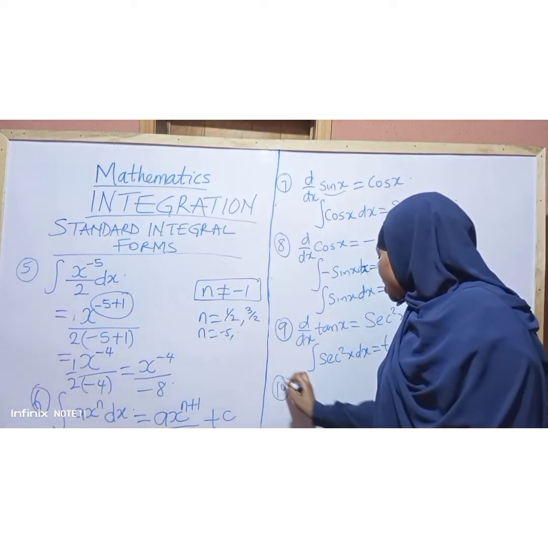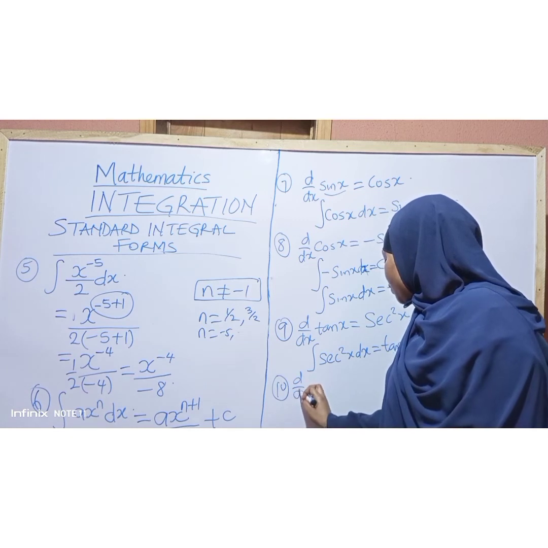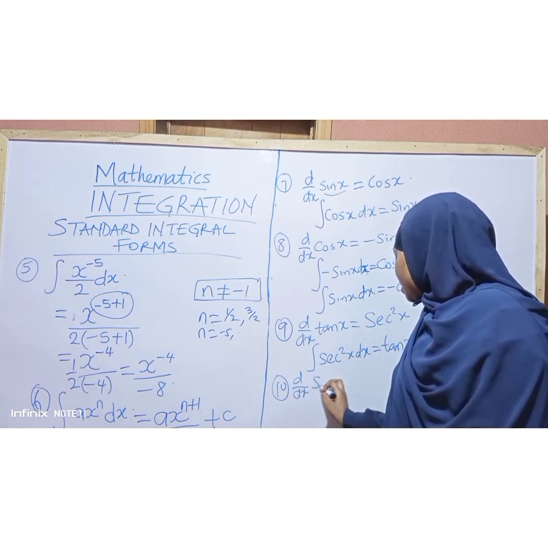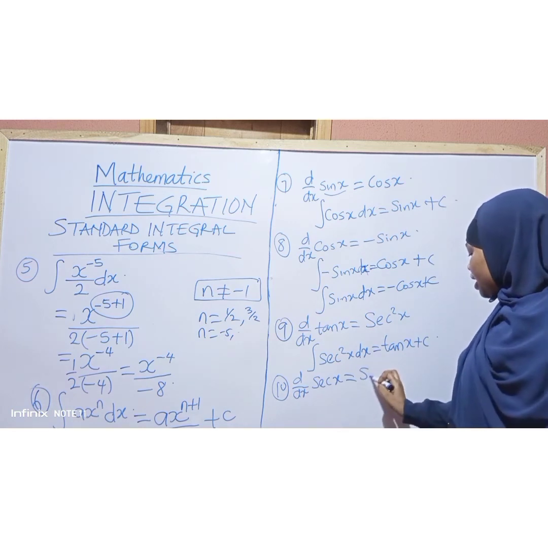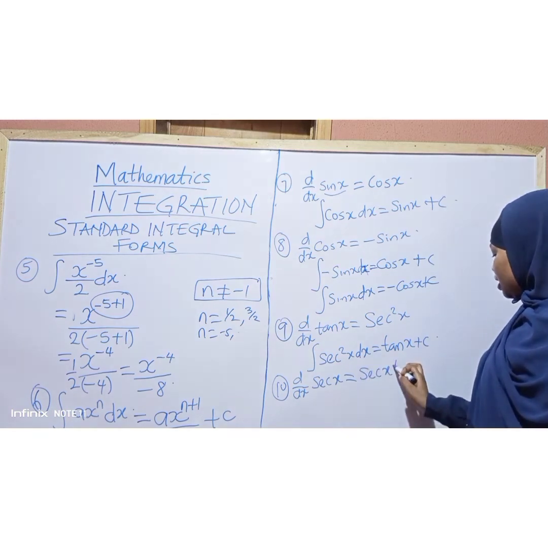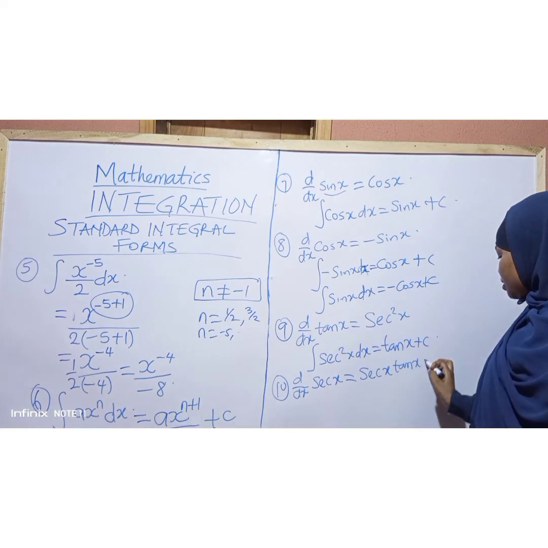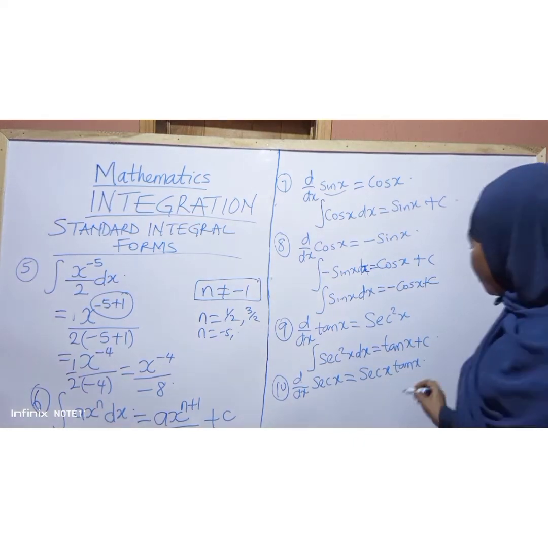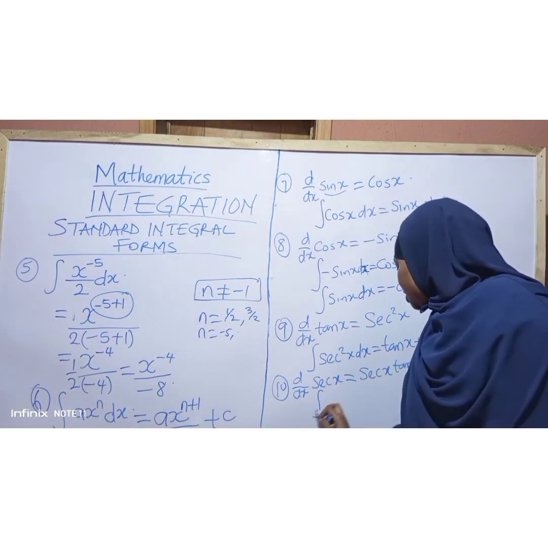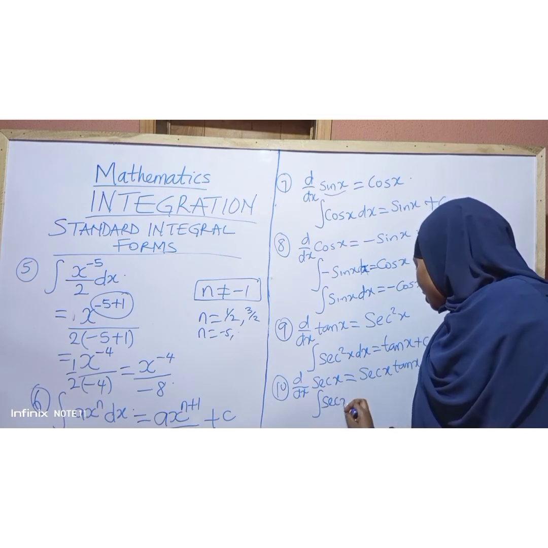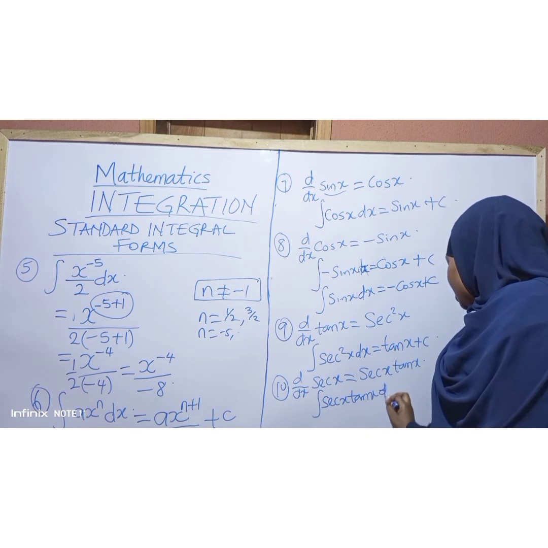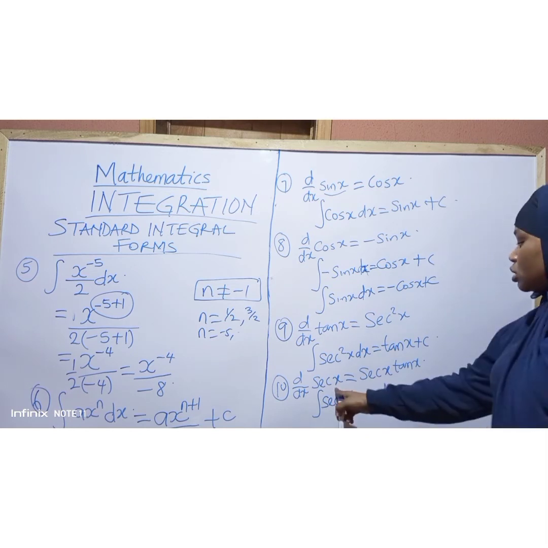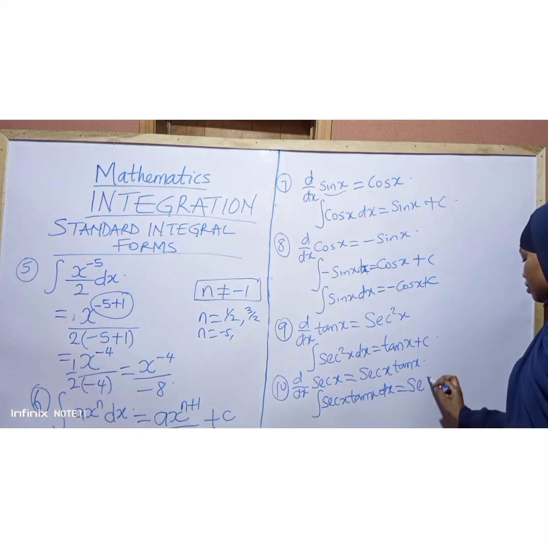Also, the differentiation of sec x gives us sec x tan x. So if you now want to integrate sec x tan x dx, the answer is equal to sec x plus c.